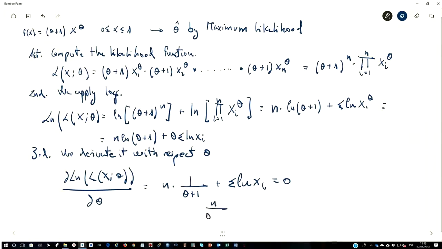The following step is only to isolate the estimator. In that case, we have n equal to minus theta multiplying the sum of the natural log of x sub i, minus the summation of the natural log of x sub i.